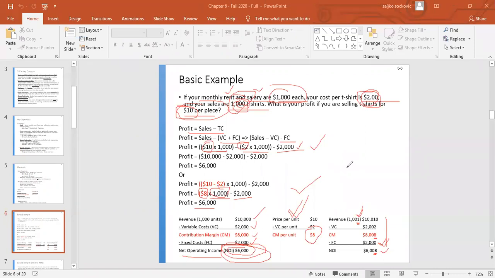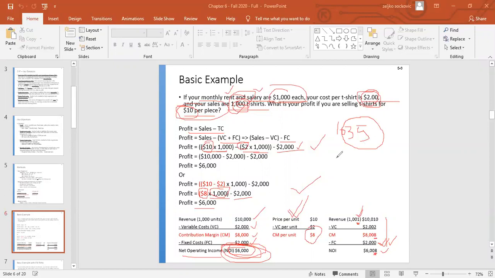Whatever number you have now, you can say, okay, 1,035 units. What would be the new profit? Well, profit at 1,000 is 6,000. And again, fixed cost is staying the same. So each unit is just adding $8 to your profit.